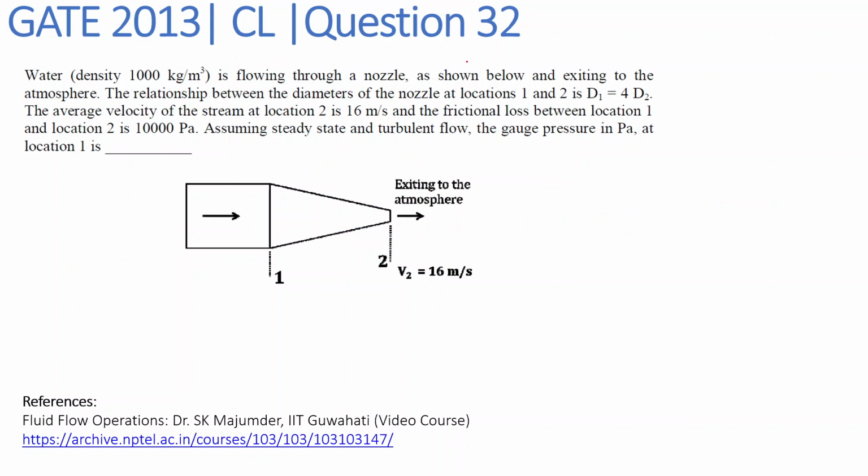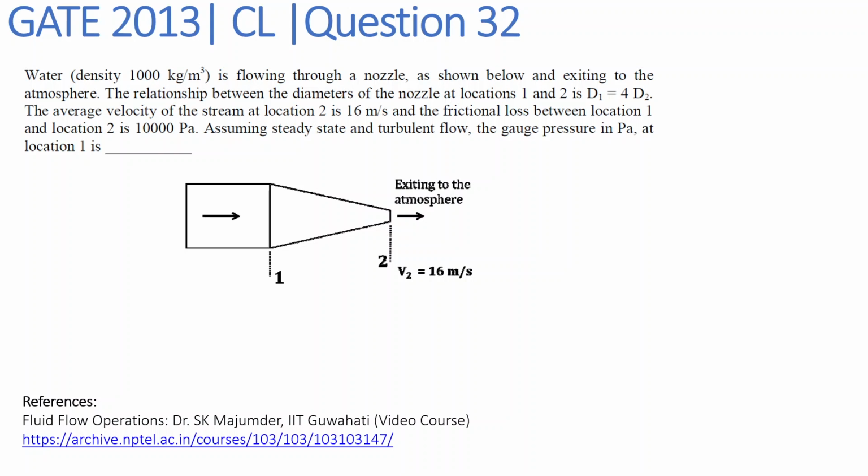We are solving question number 32 of GATE 2013 chemical engineering paper. And the question is, water with a density of 1000 kg per meter cube is flowing through a nozzle as shown below and exiting to the atmosphere.